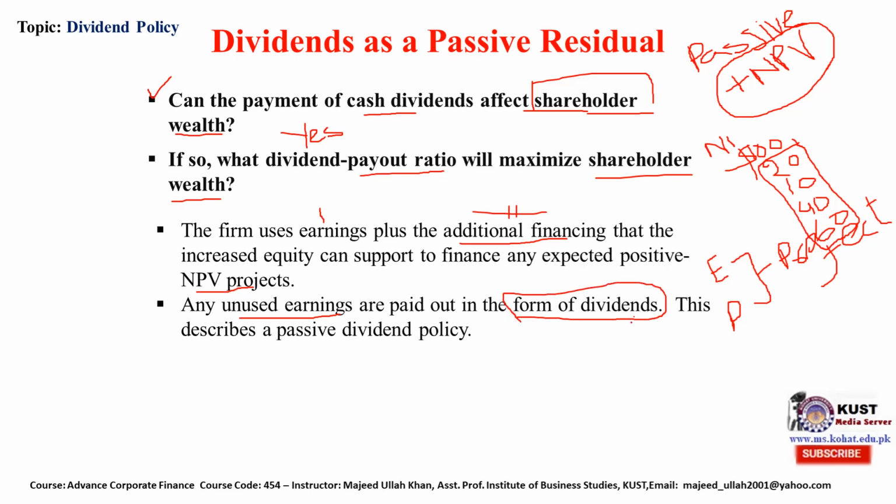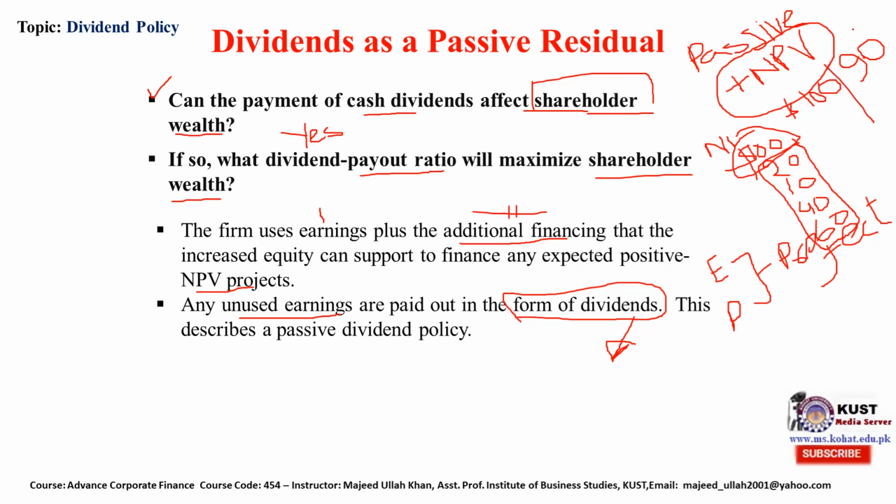Dividend is basically when a portion of the profit is distributed among the shareholders. A passive strategy is when, let's suppose, this $100 income is first invested in 5 projects, and let's suppose 90 rupees is invested in all positive NPV projects.